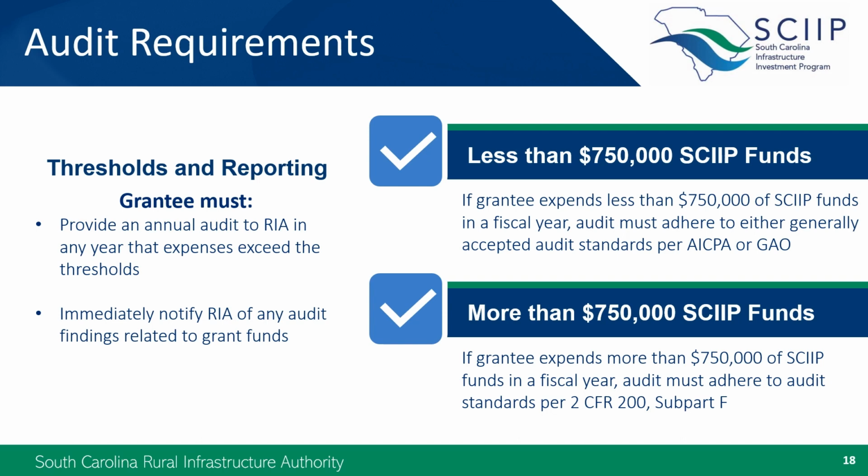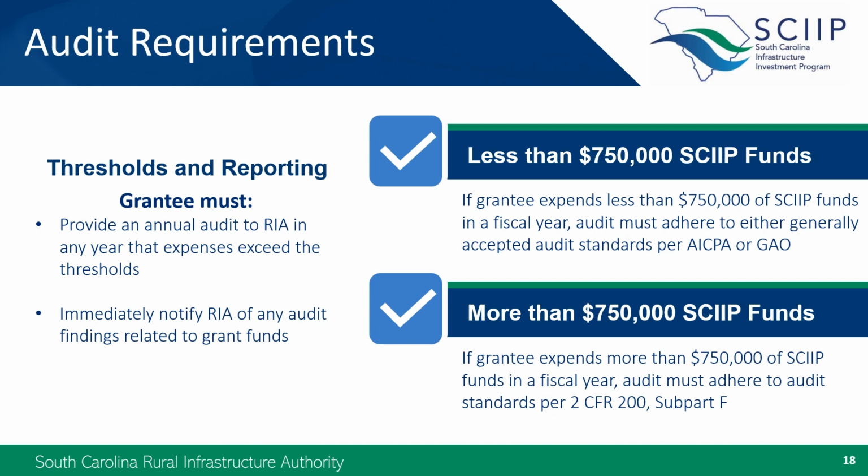If more than $750,000 is spent in the grantee's fiscal year, a single audit that adheres to audit standards per 2 CFR 200 Subpart F audit requirements must be provided.